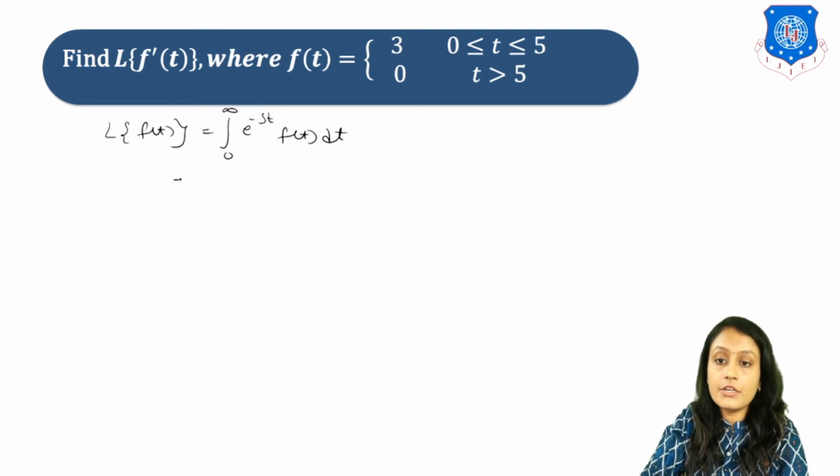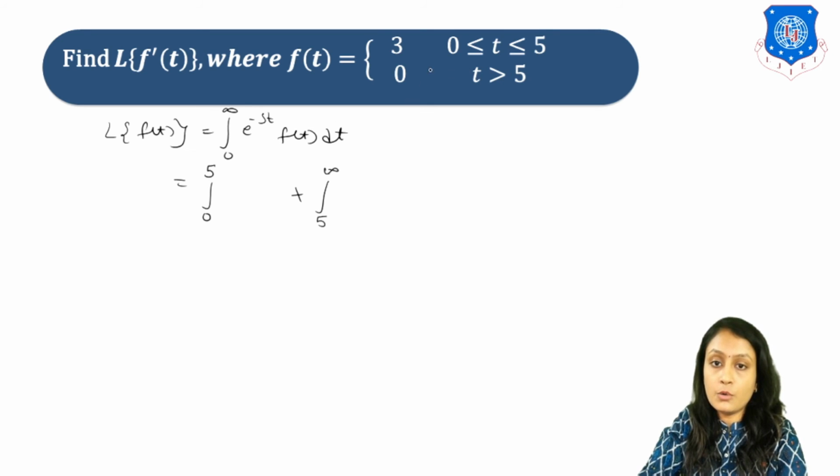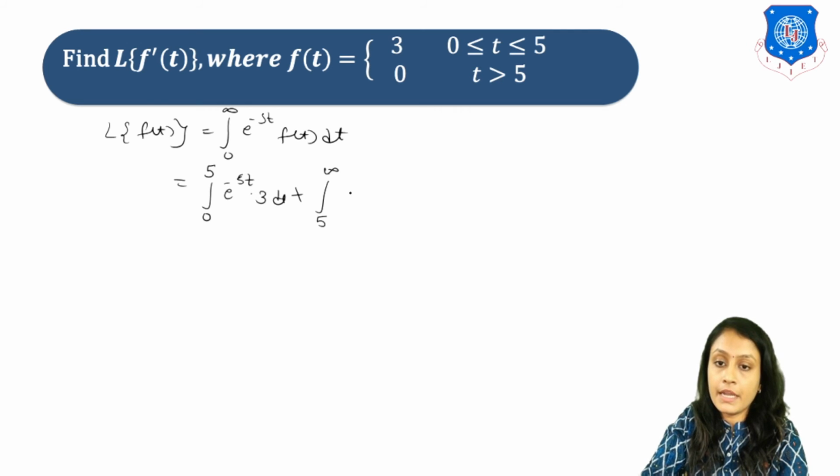Integration will be split in two parts, 0 to 5 and 5 to infinity. In the interval 0 to 5, the value of the function is 3, so e raised to minus st into 3 dt. And in this one we have 0, so this integration is gone.